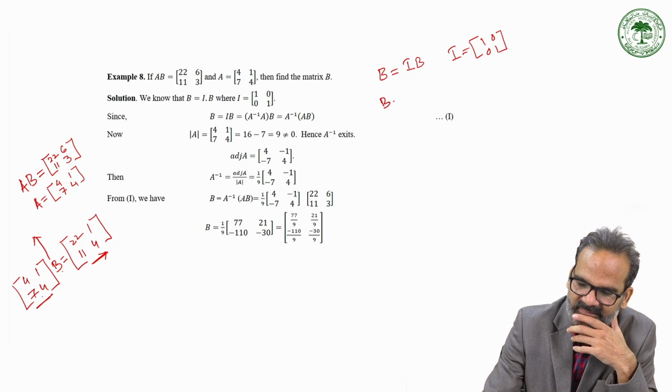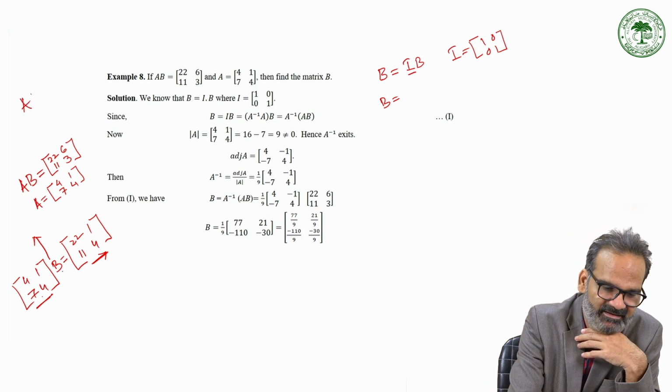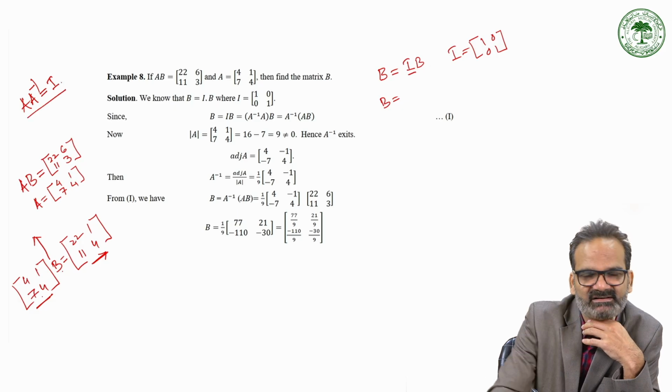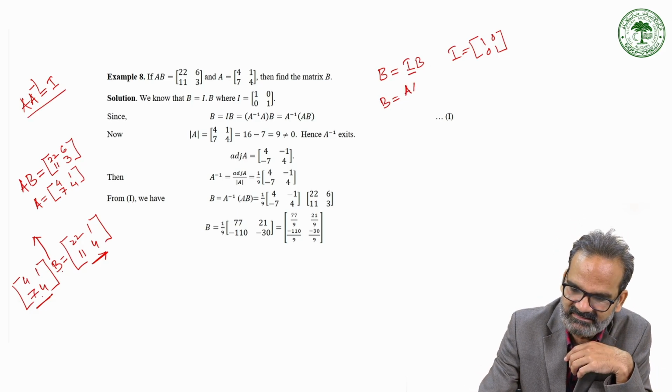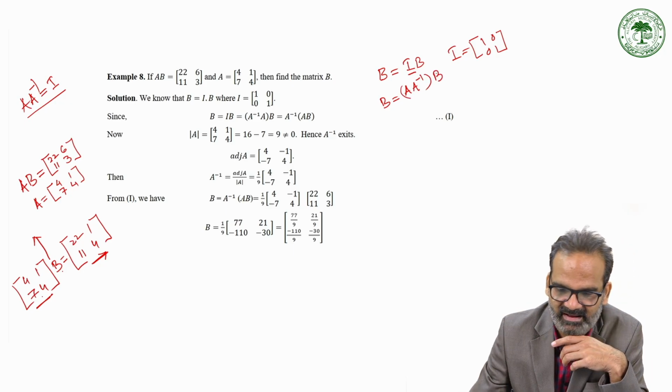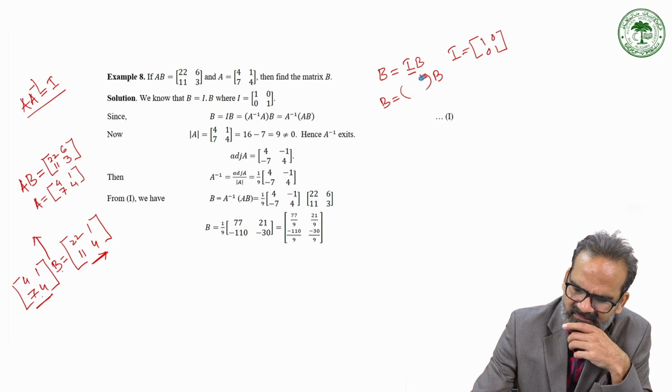So this B can be written as, in place of I, by using the definition of the inverse of a matrix, A into A inverse, the product of the matrix and its inverse is equal to identity. So in place of I, we can write A inverse into A, and this matrix B will remain as it is, right? Or we write like this, A inverse into B.